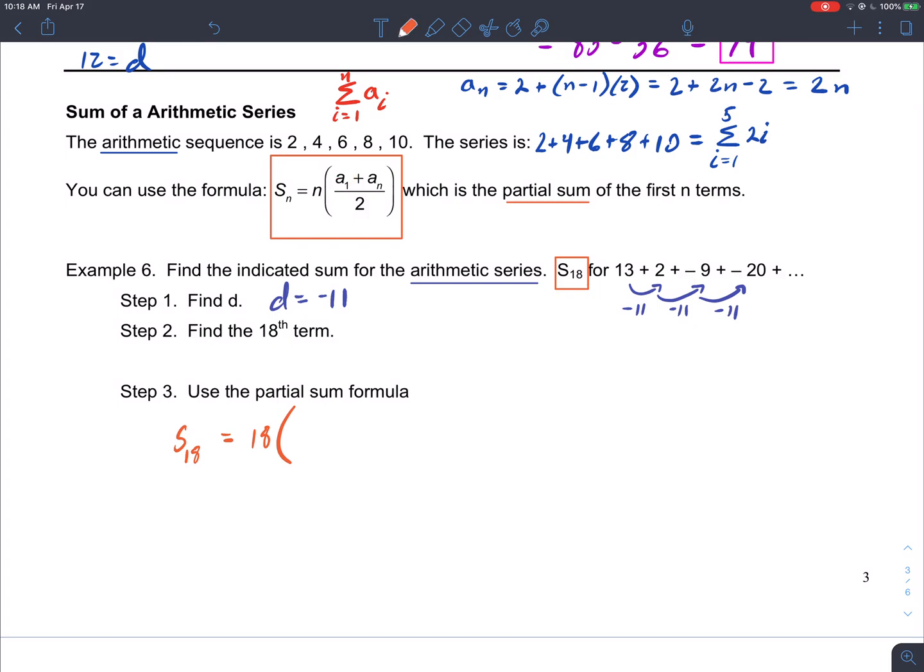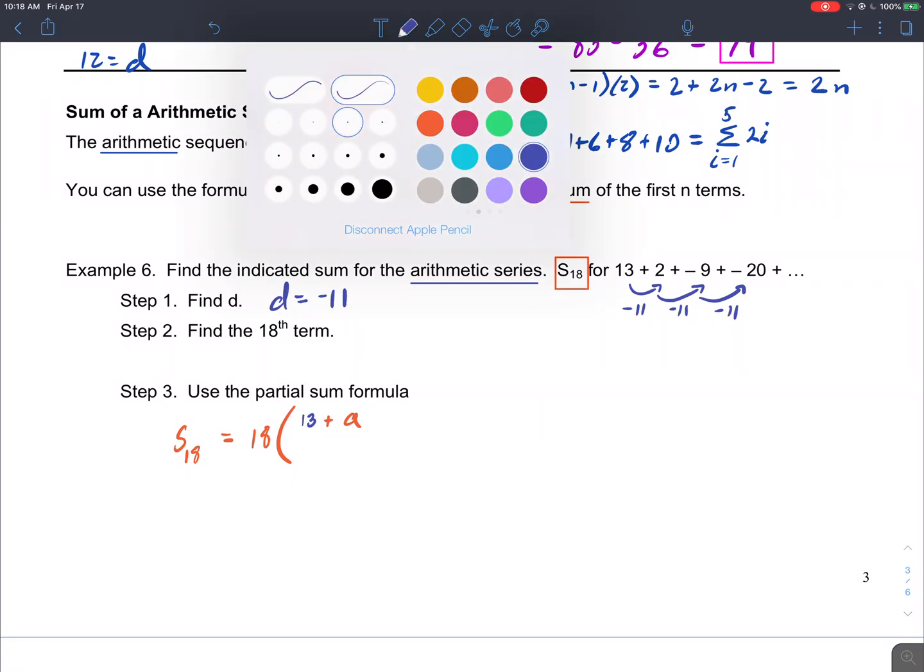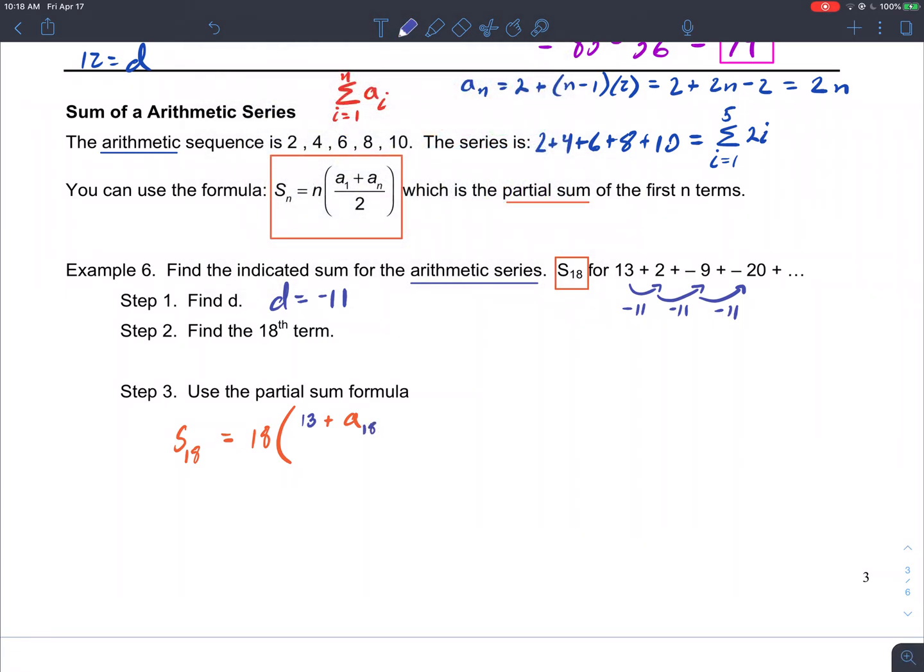In this case, the first term is 13. So 13 plus the nth term, a sub 18. And then it's divided by 2, according to our formula here.